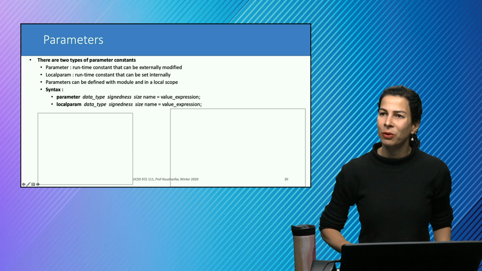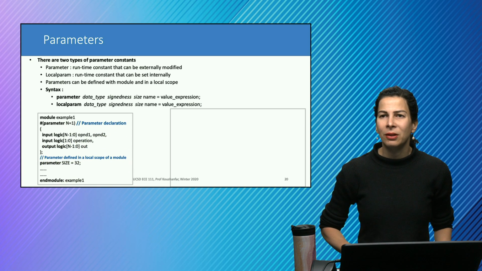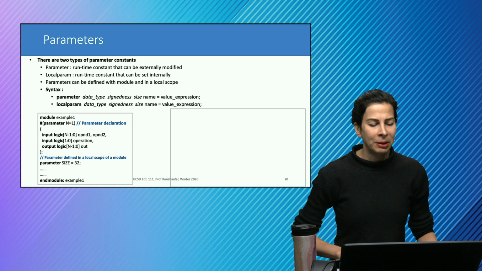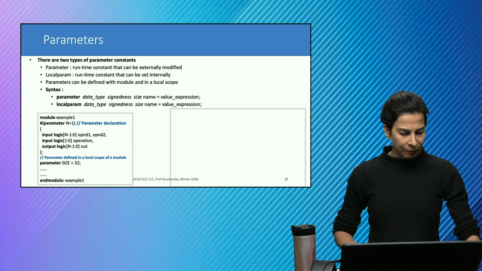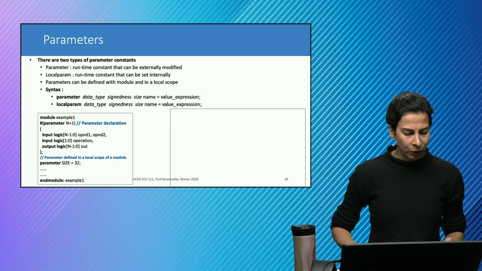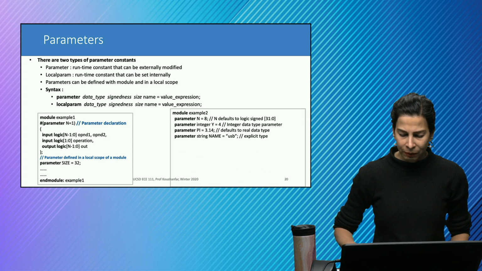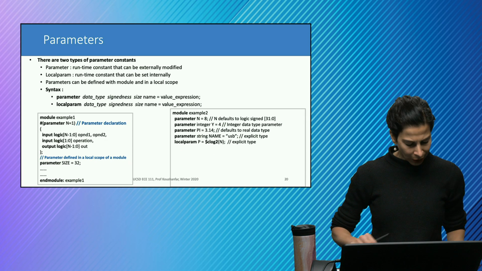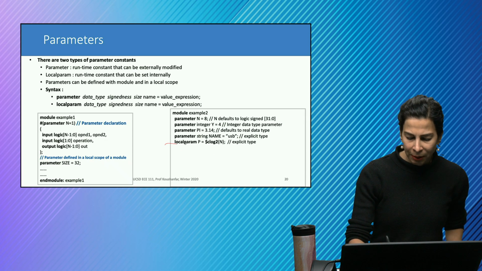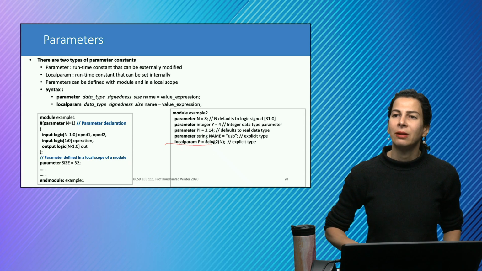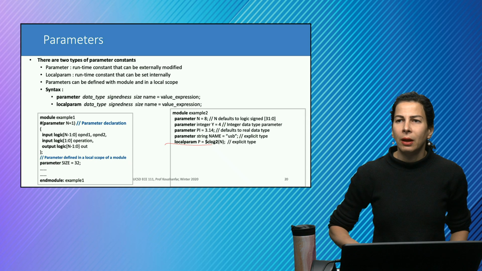The syntax for both of them is similar. Here is another example where we have a parameter n1, and we go through the logic. In this other example, we define the parameter by these values, and you could also have local parameters here, as can be seen.